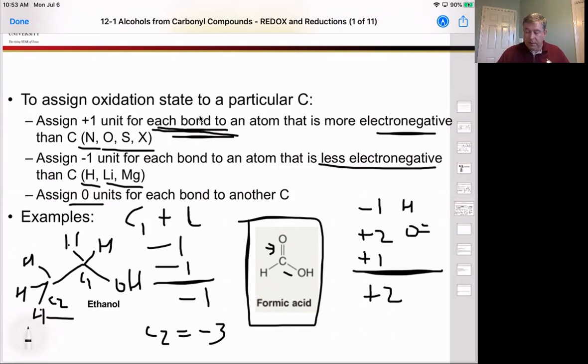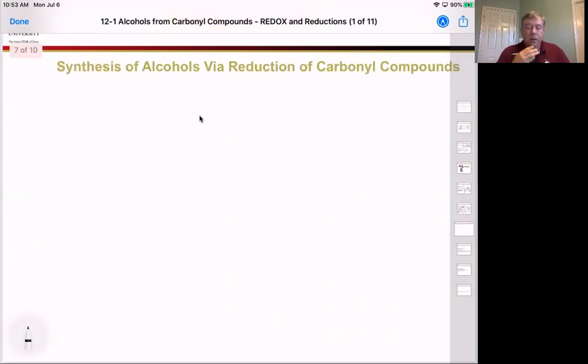Okay, so let's talk about that in a little more detail. When we're thinking about synthesizing alcohols via these reductions of carbonyl compounds, we can take any carbonyl derivative right here that has just 1 carbon bonded to it and any other electronegative atom.